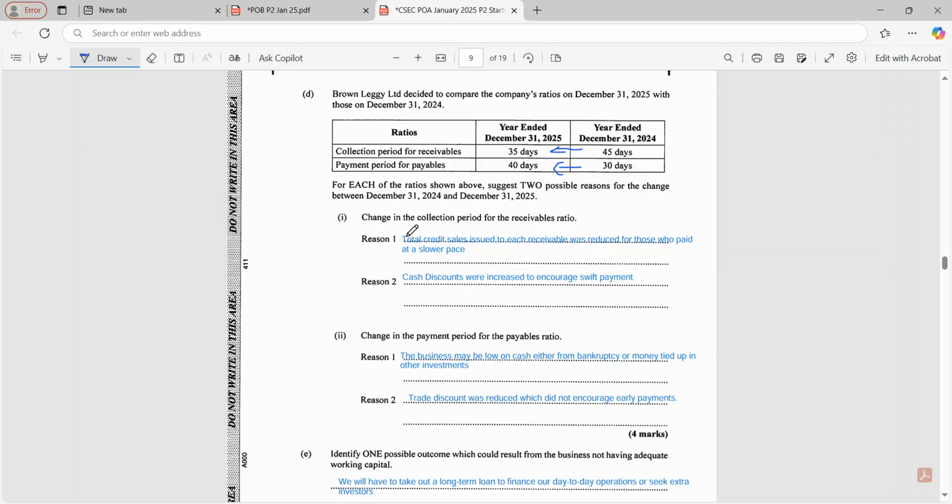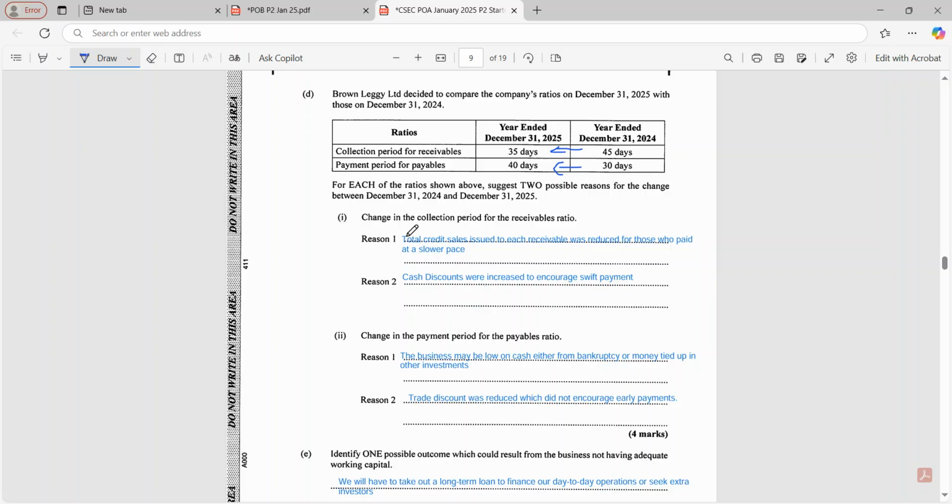So if we usually issue $1,000, we might have started to issue $500 to those persons who we know take long to pay, right? And in so doing, those persons will be able to pay off their debt at a faster time and then they can borrow more.